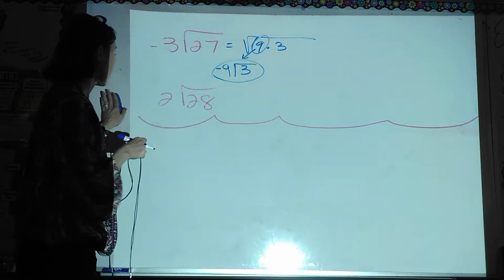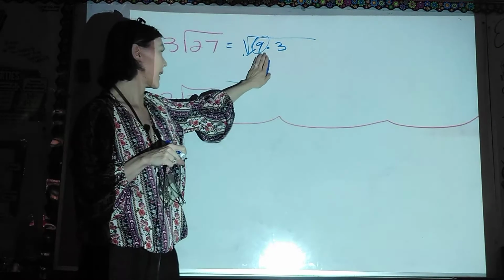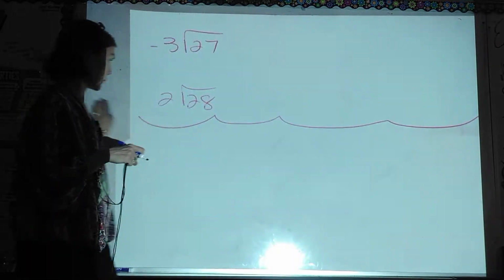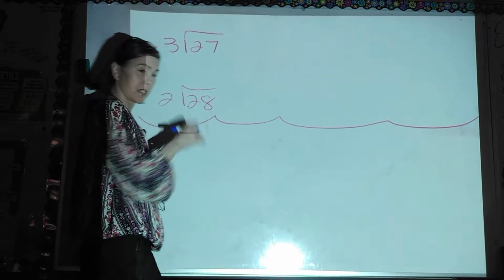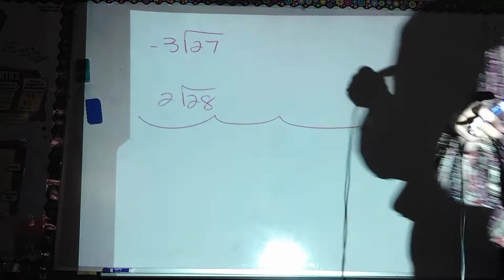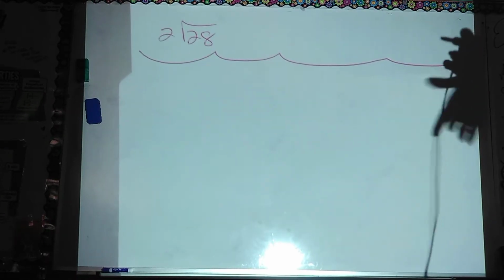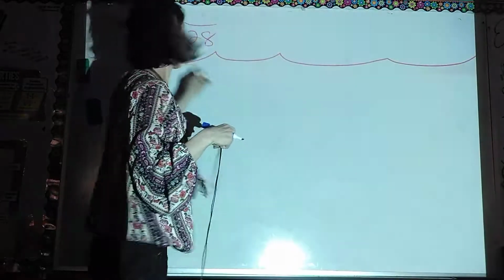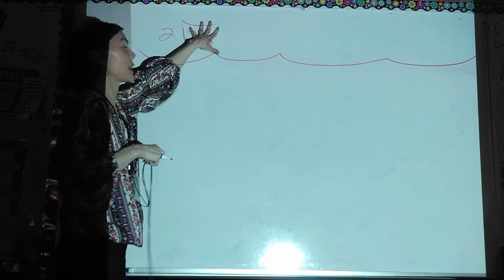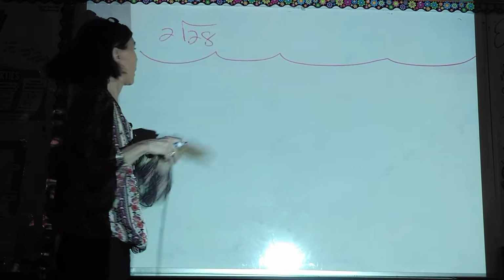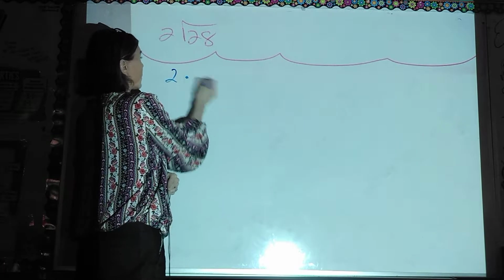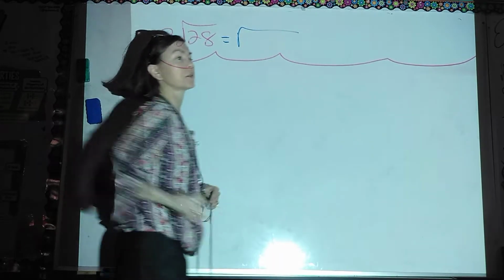Okay? Let's do 2 radical 28. So this 2 is going to be multiplied, 2 times whatever the result of this is. Okay, so let's bring the 2 down, draw the roof.